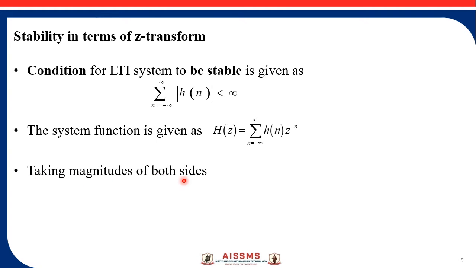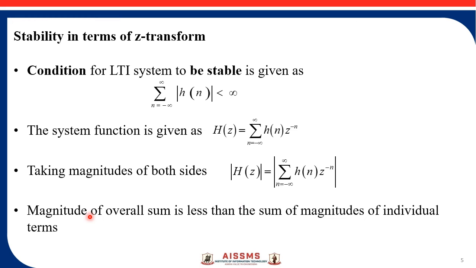Now let us take the magnitudes of both sides, that means let us take the mod of both sides of the equation. So we have taken the mod of H of z on the LHS and the mod of the RHS also. Now the magnitude of an overall sum is less than or equal to the sum of magnitudes of individual terms.